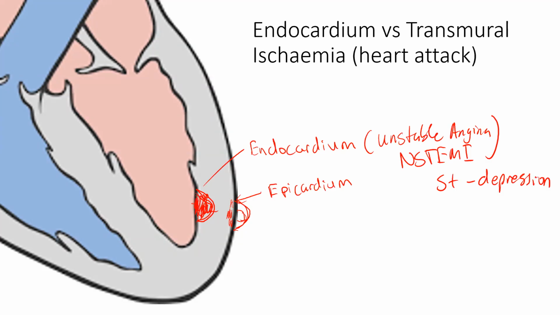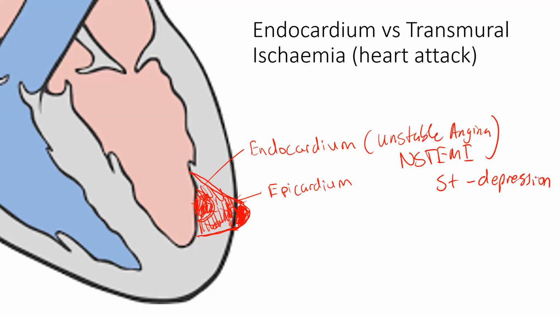Now, you can have this when it's still partially occluded, but once it's fully occluded, once this entire area of the coronary artery is blocked by plaque rupture, the area that it perfuses, so this portion of the ventricle, is now deprived of oxygen.